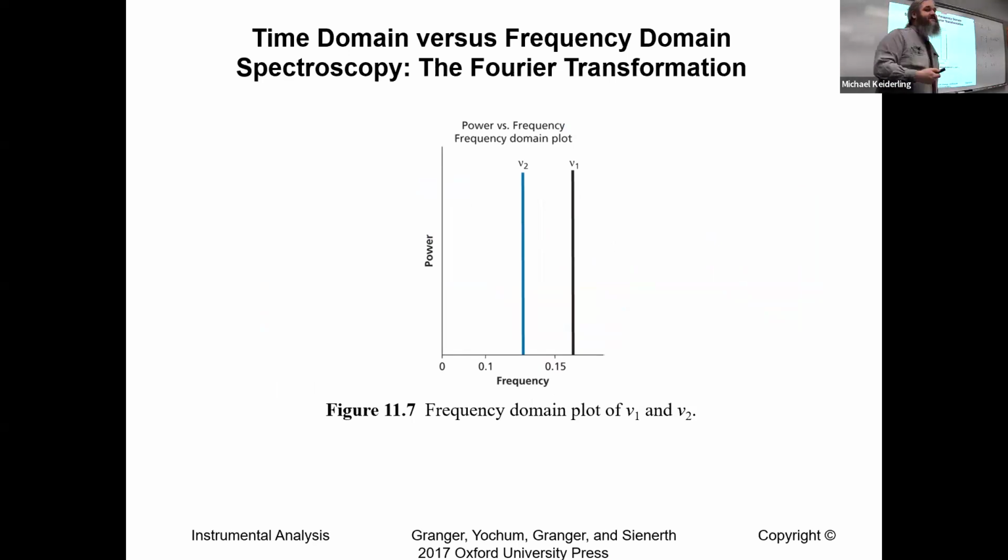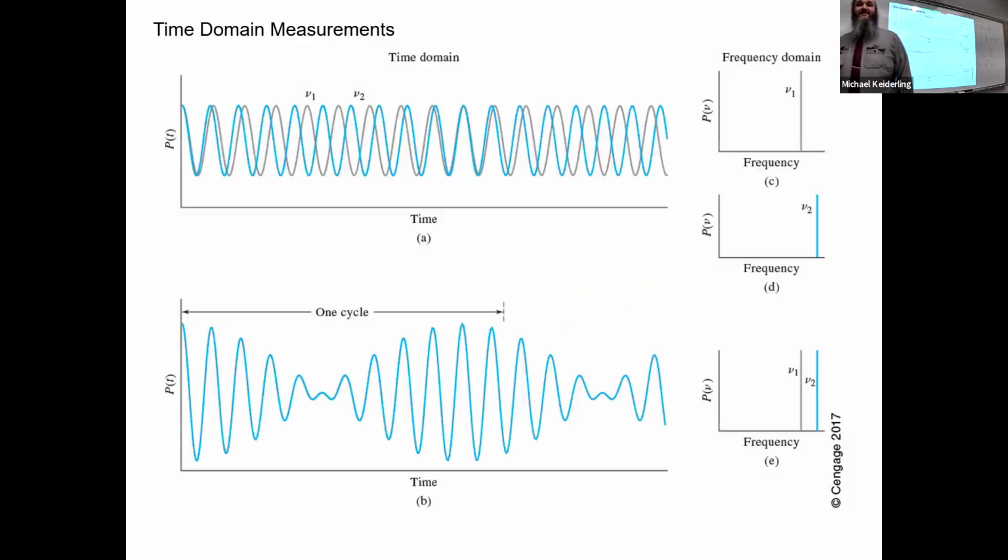So the trick used in FTIR instruments is that they use interference in a moving mirror to set up time domain information. And then we can use that to extract frequency information.